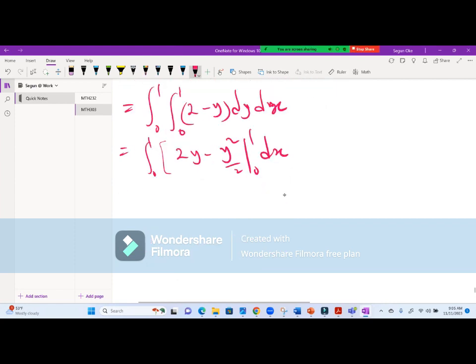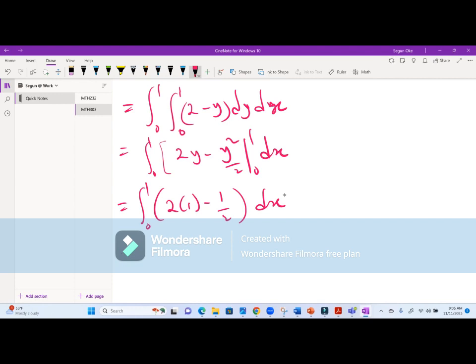So what do we have in this case? Substitute 1 into it. You have 2 of 1 minus 1 over 2. So the x. We need to integrate with respect to x.